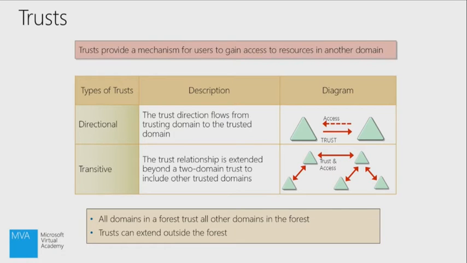When I click Add, I have available to me all of the resources across all of the domains in my forest to add to that resource. That isn't always the case. It hasn't always been the case even within Windows operating systems. And I can still, beyond the default trusts created, create further trusts to other domains, external domains potentially, or even create what are called shortcut trusts within my forest.